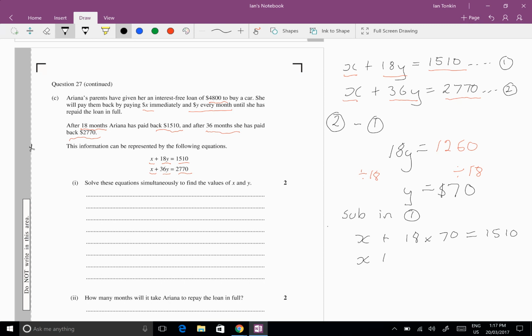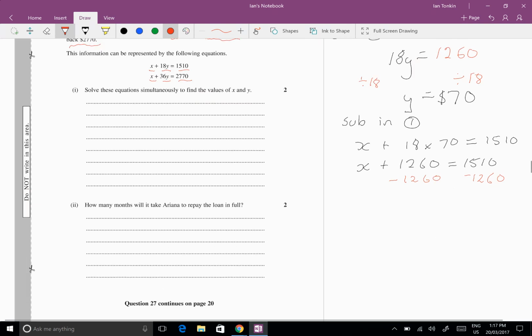So x plus 1,260 equals 1510. Now it's just an equation again. I'm going to minus 1,260 from both sides. And that will give me $250. So x equals 250.